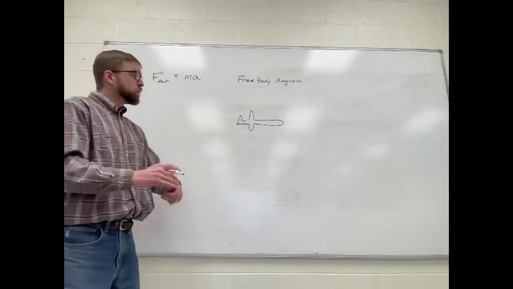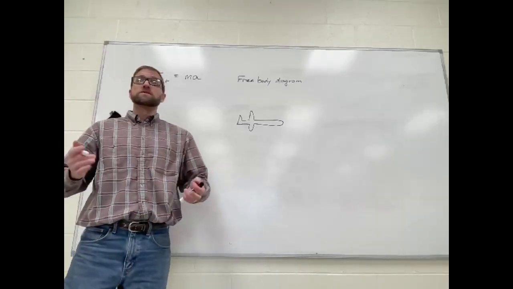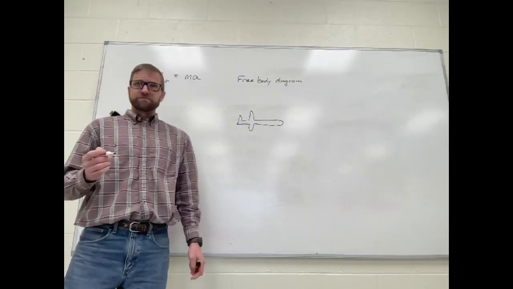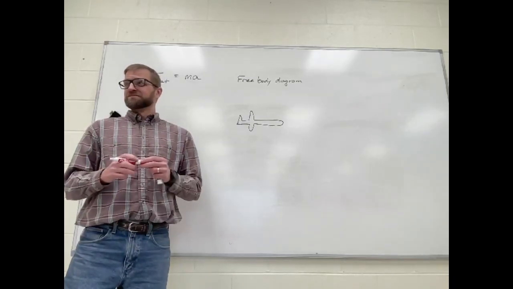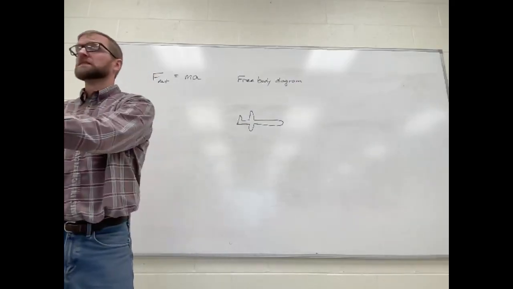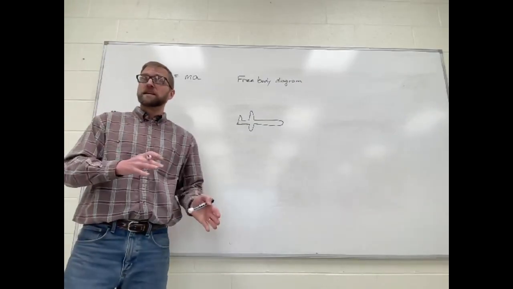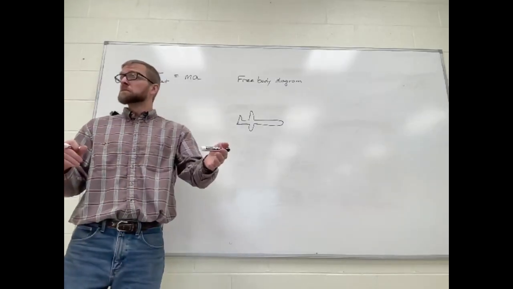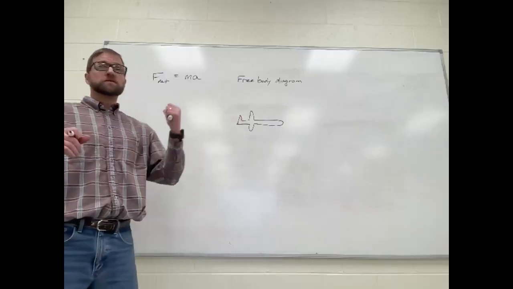Drag. Okay. What is the direction for drag? Against where it's moving. It's not against where it's accelerating, it's against where it's moving. Because the plane could be slowing down, but the drag is still coming from the same direction.